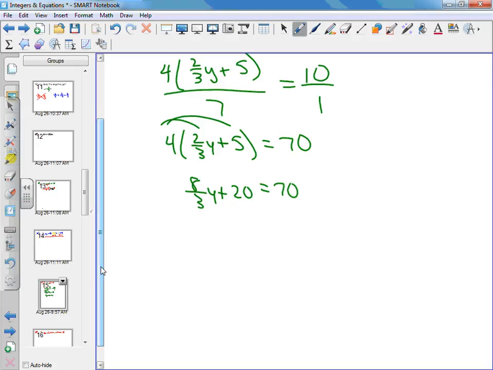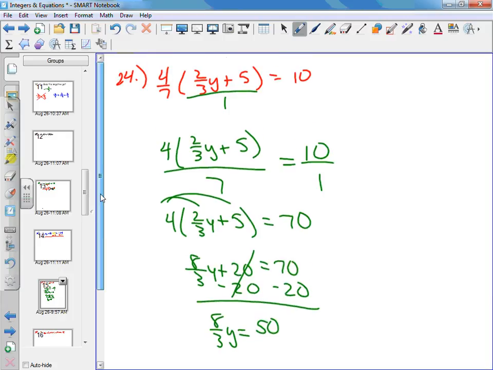Okay? Subtract the 20. 8/3 y is equal to 50. I think I messed up something here, right? Not yet. I will though.